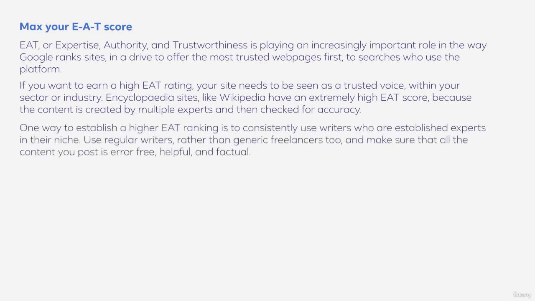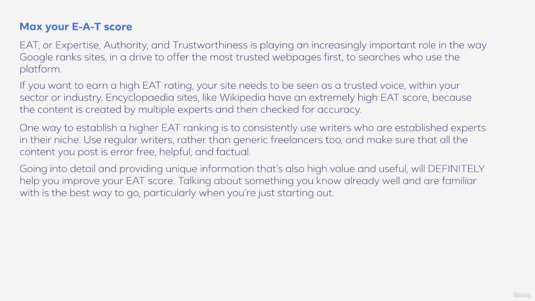One way to establish a higher EAT ranking is to consistently use writers who are established experts in their niche. Use regular writers rather than generic freelancers too, and make sure that all the content you post is error-free, helpful, and factual. Going into detail and providing unique information that's also high value and useful will definitely help you improve your EAT score.